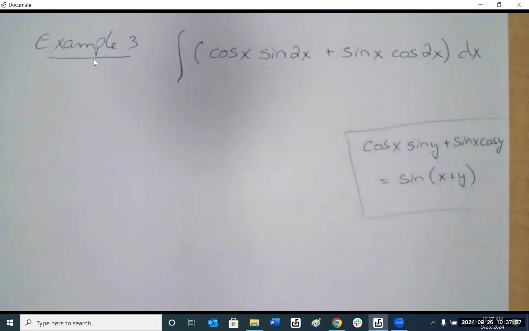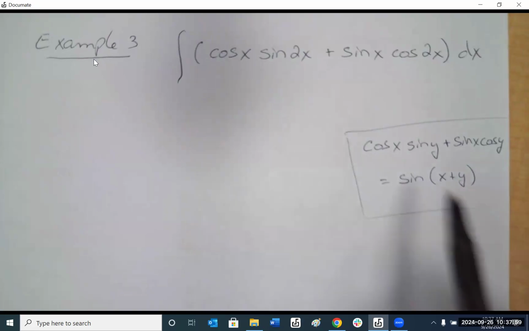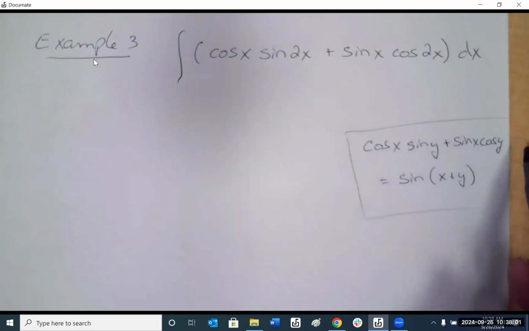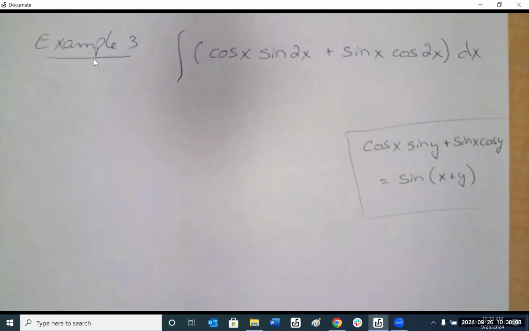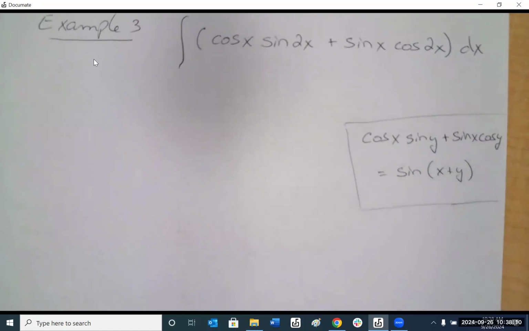This is the identity we'll be using for this one. If you had sine, sine, cosine, cosine, then it'd be the cosine of x minus y. But again, these are all equivalent statements that we use from the trigonometric identity table.